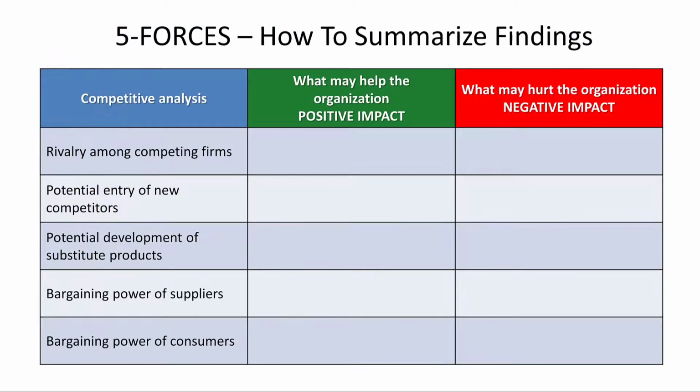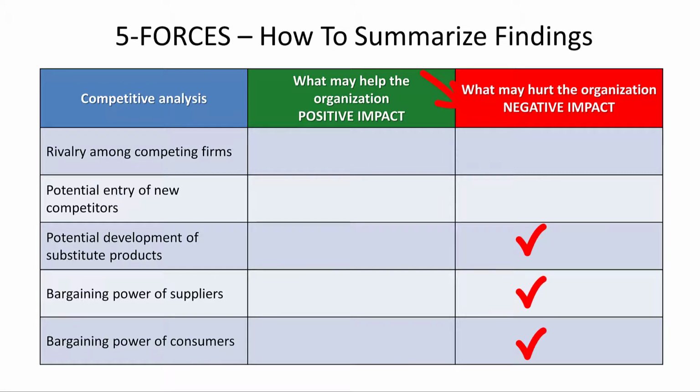Again, when you're doing that, I always ask my students to summarize the findings of the five force analysis into a very simple table. You have five lines, one line for each force, and you try to understand situations that help the company make profits, or situations that may hurt the profits of a company.